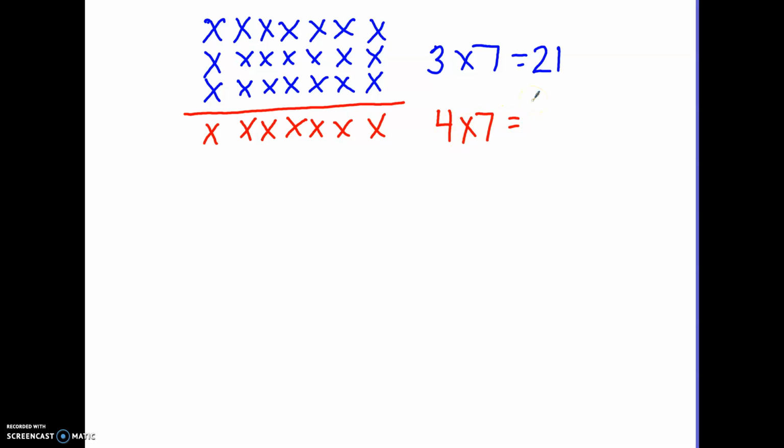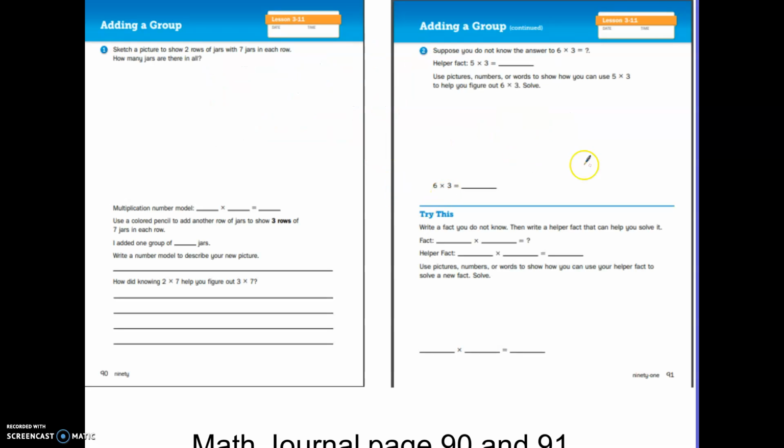Now remember, I don't have to go and count all those X's up because I already know that the answer to the first array, 3 times 7, was 21. So I just need to add on 1 more row. So that's 21, 22, 23, 24, 25, 26, 27, 28. 28 chairs.